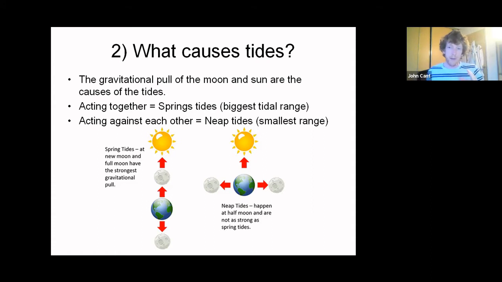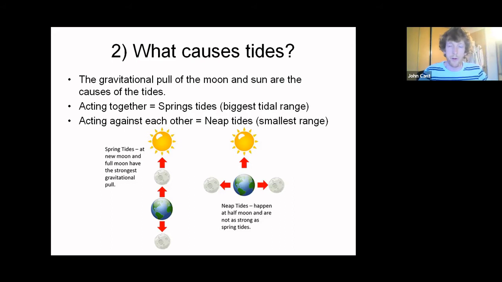So the water on the side facing the moon is pulled towards the moon more than the Earth as a solid body. And the water on the other side is pulled towards the moon less than the Earth itself, so the Earth is pulled away from it almost. So that's why you've got 2 bulges a day.